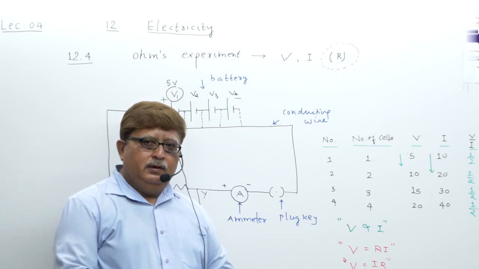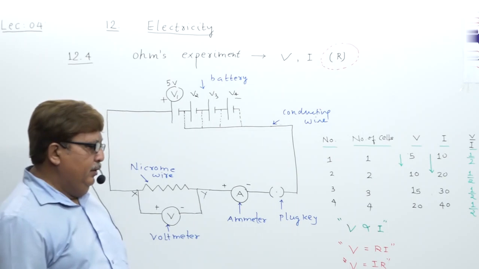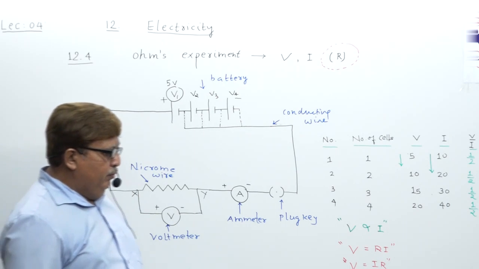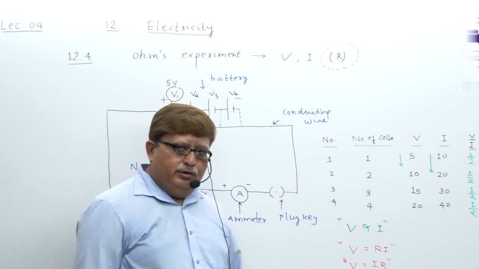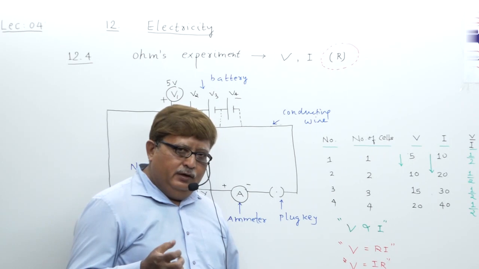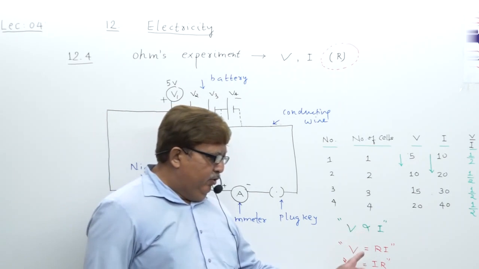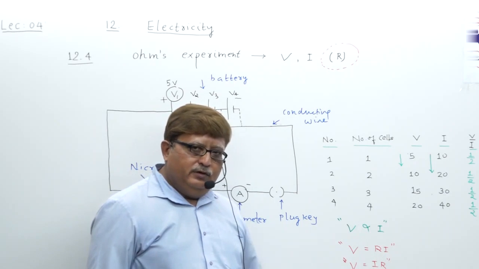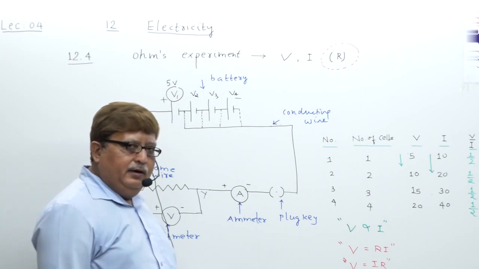V varies to I, V equals IR when we want to remove the proportionality. Understand, the proportionality constant can be removed by putting another constant here. V equal to IR. Understand?